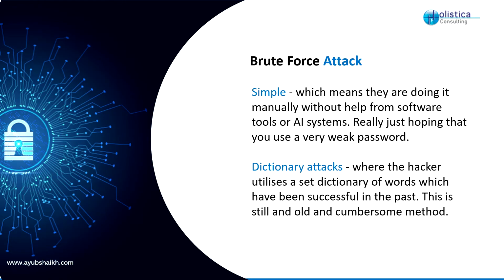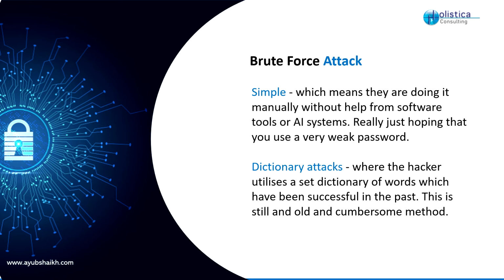Now, as you may have guessed, today, none of this has to be done manually, of course. Today, hackers use software tools in their brute force attacks. And of course, they're the same tools that security analysts will use to spot weaknesses in their client's architecture if they're an ethical hacker. So the tools that a hacker uses are the same tools that an ethical hacker uses to spot where a brute force attack might work.